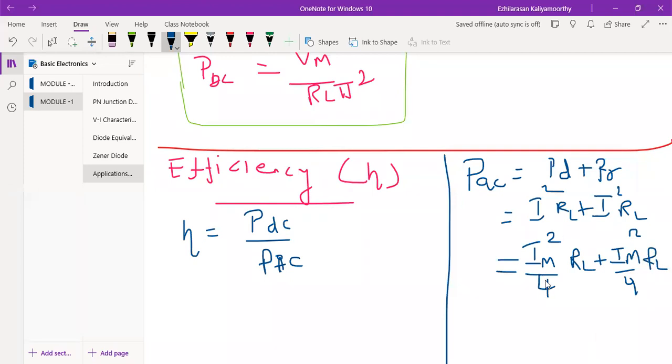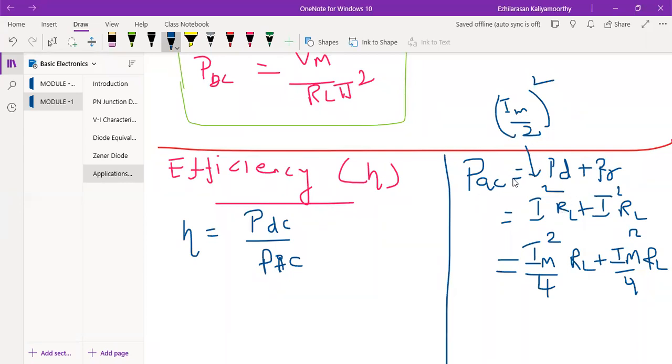You may wonder how we got Im square by 4. Because this is Im. What is Im actually? The power delivered at the input is nothing but I, which is Im by 2, the whole square. The I is nothing but Im by 2.